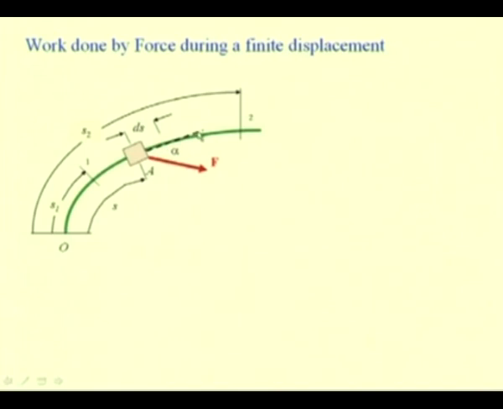That is, this dotted line is the tangent to this path at this location or the coordinate S. So, if we have a displacement ds, then the work done by this force is F dot dr, where dr is the vector along the tangent to the path at this location A.